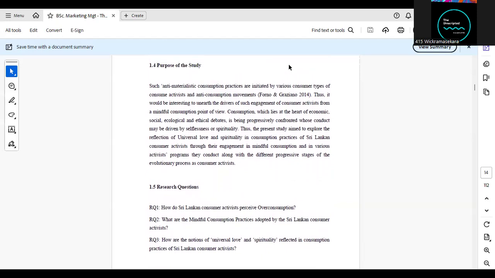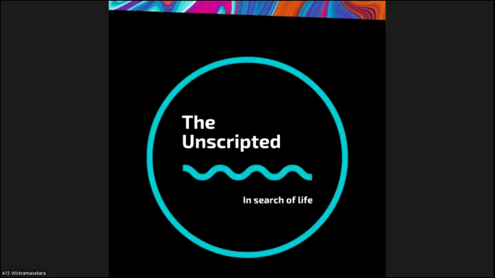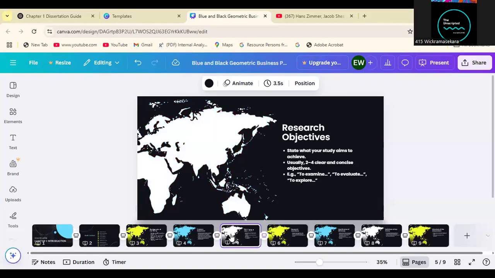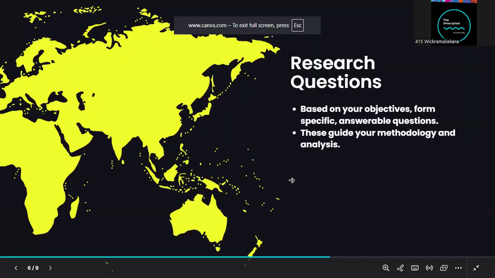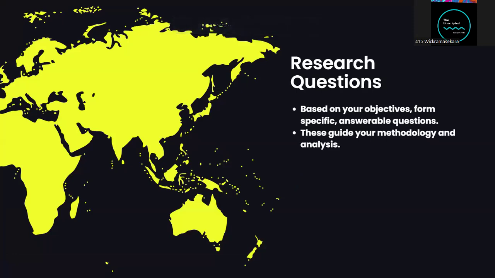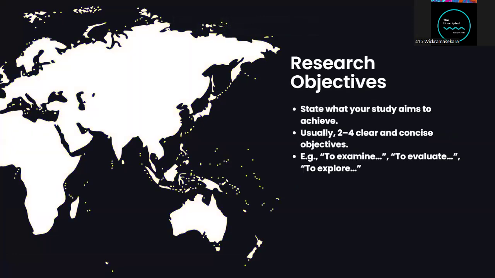And then is the most important, which is your research questions and objectives, right? So your research questions are basically a problem that is subdivided into several parts where you can collect data and find the findings in order to solve the identified problem gap, right? So your research objectives and questions go hand in hand.